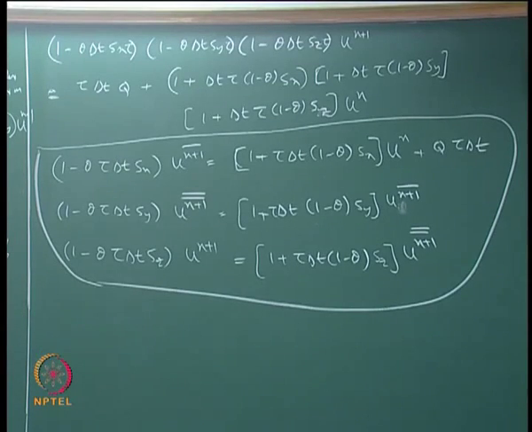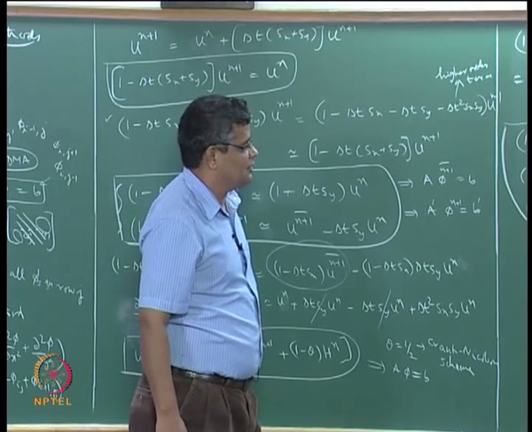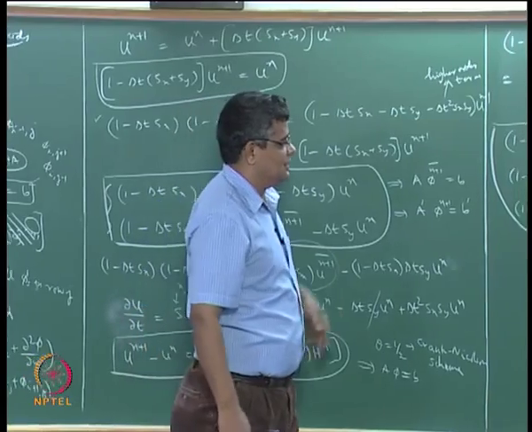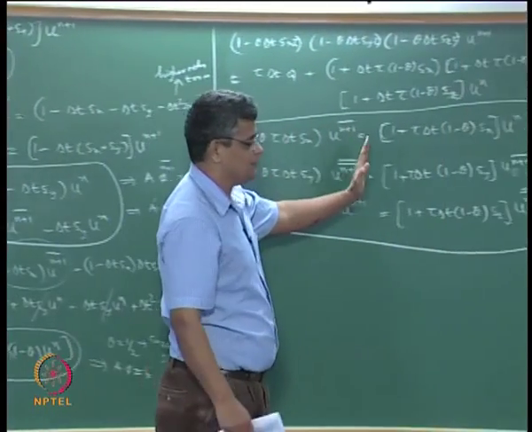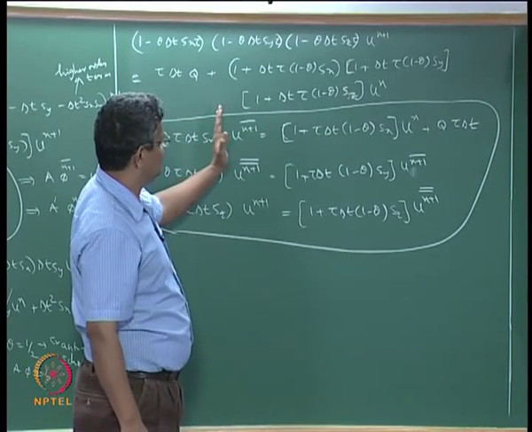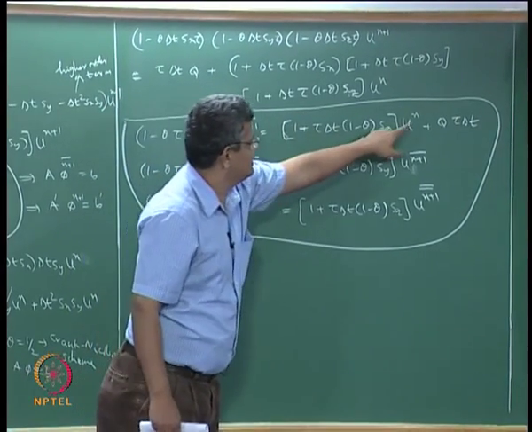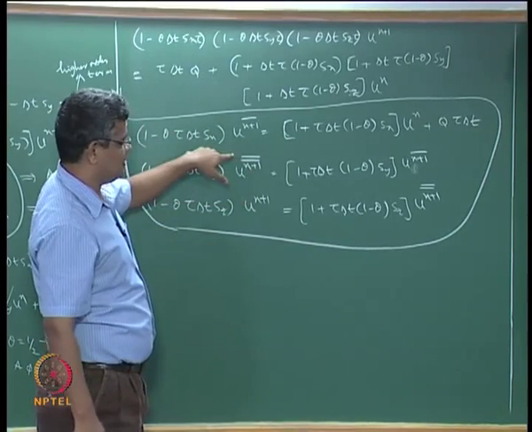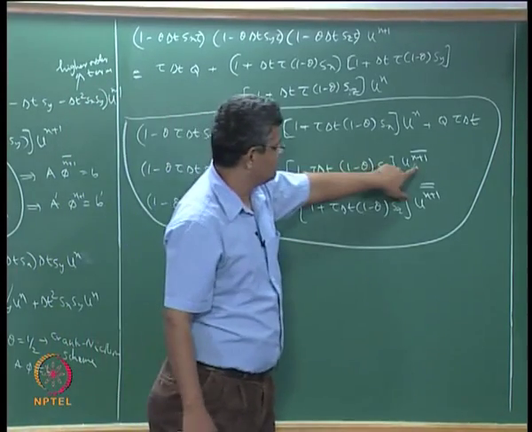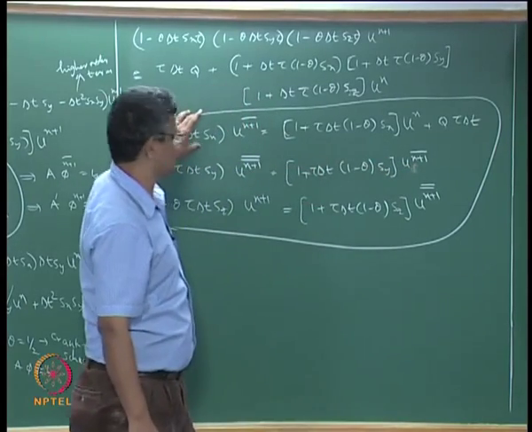and there is always the possibility of this not being stable, okay, because each of these is an explicit form. When you evaluate this, then it is expressed in terms of n, which is already known, and this n plus 1 double bar is expressed in terms of n plus 1 bar, which is known from this equation.